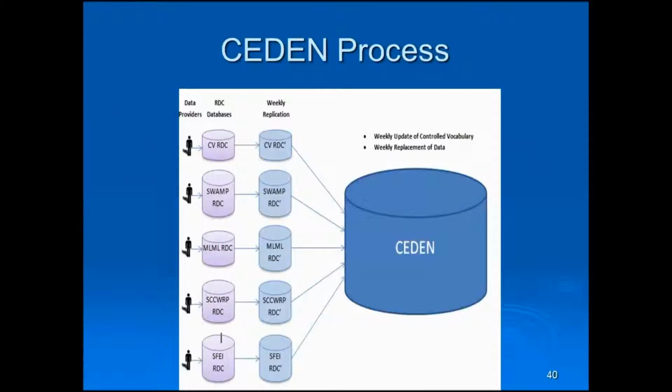And here's a little diagram showing that the people on the left are the data providers, and they, as I said, provide data to the RDC databases. So we have the Central Valley RDC, and SWAMP essentially acts as an RDC in itself, the Surface Water Ambient Monitoring Program that we run here out of the water boards.